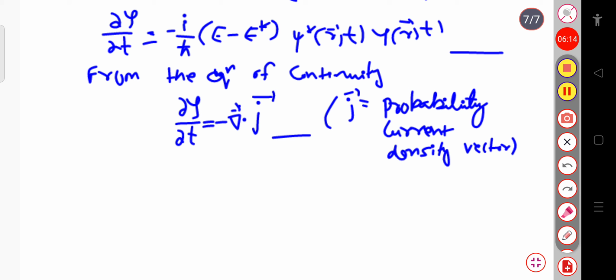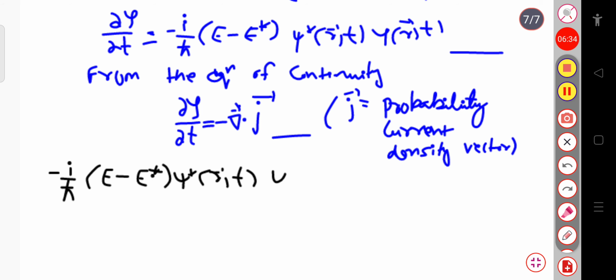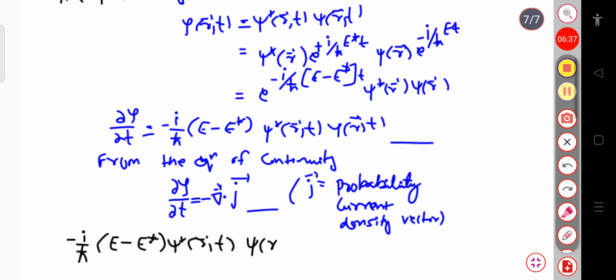This expression can also be written as minus iota divided by h bar into E minus E star whole into psi star of r,t into psi of r,t, that is equal to, in this expression, just a minute, while we are calculating dou rho by dou t, here this is simply psi star of r into psi of r.